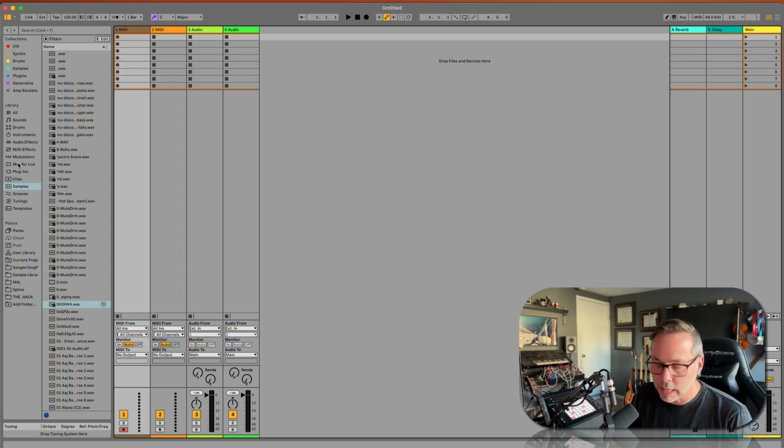And they had a program called Sample Manager that did all this really cool stuff. It was a librarian program, and it also did some batch processing, and it was really great. But that company is long gone, and so is that program. So now the Ableton browser is our way to find samples quick.